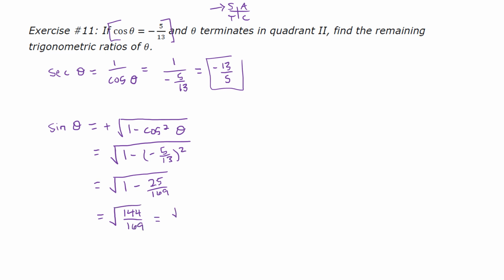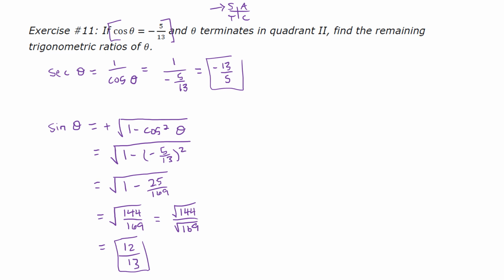I can split the square root between the numerator and the denominator. The square root of 144 is 12. The square root of 169 is 13. So the sine of theta equals 12 over 13.